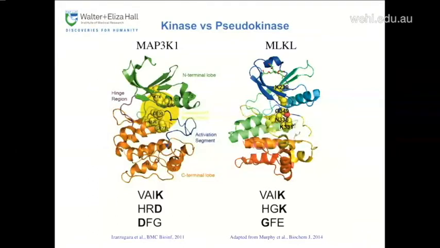It's recognisably a kinase. And the key catalytic motifs that you find in canonical protein kinases are still here in MLKL, except some of the residues are different, and this is what makes it unable to catalyse a reaction.